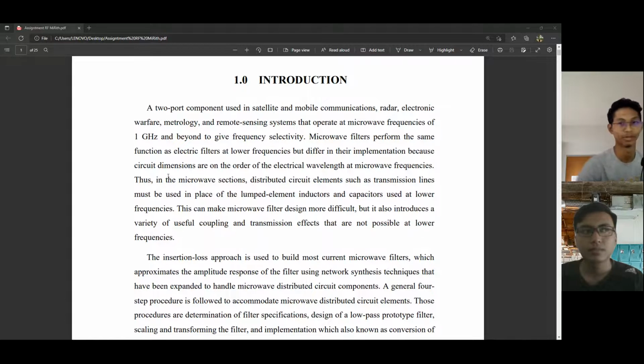Thus, in the microwave section, distributed circuit elements such as transmission lines must be used in place of the lumped element inductors and capacitors used at lower frequency. This can make microwave filter design more difficult, but also introduces a variety of useful coupling and transmission effects that are not possible at lower frequency.